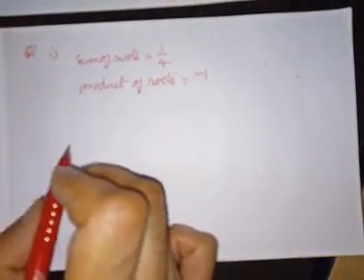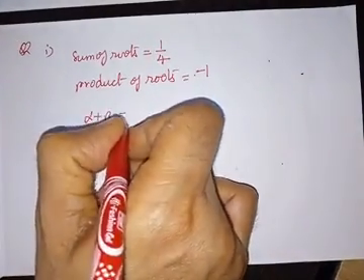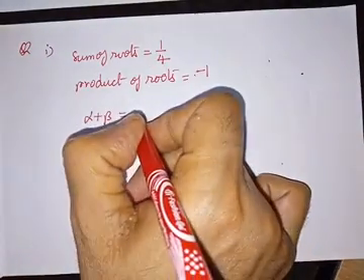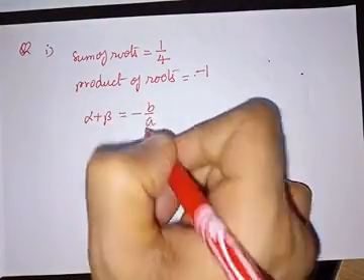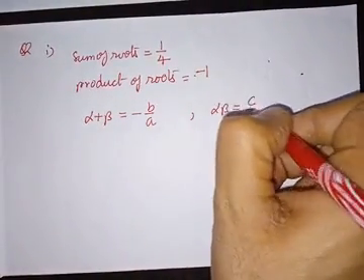Now what is the sum of the roots? Sum of the roots is equals to alpha plus beta, which is equals to minus b upon a, and product of the roots, that is alpha beta, is equals to c upon a.